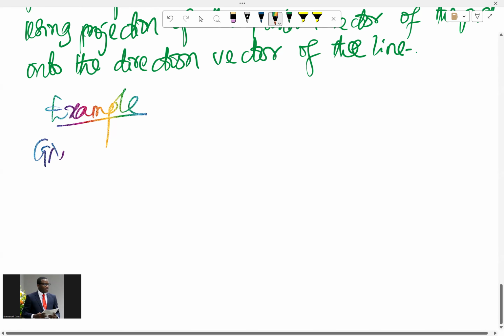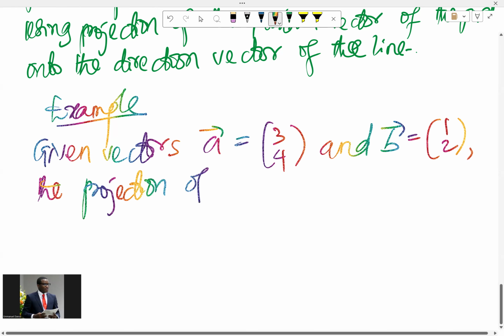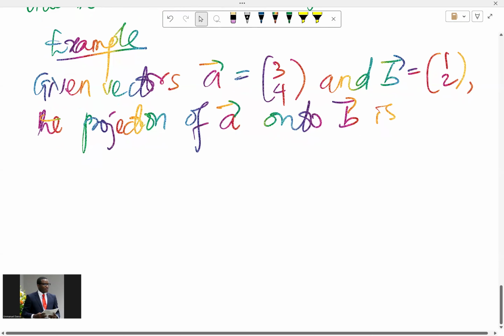Given vectors A, which is 3, 4, and B, which is 1, 2, the projection of A onto B is proj.